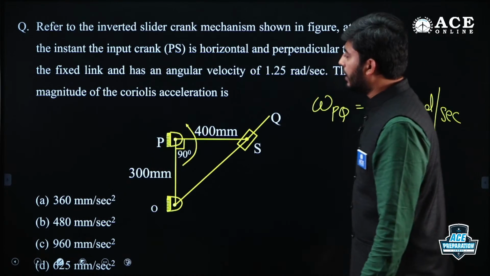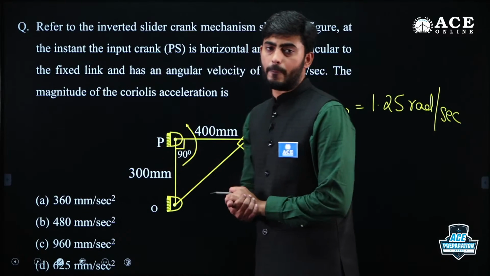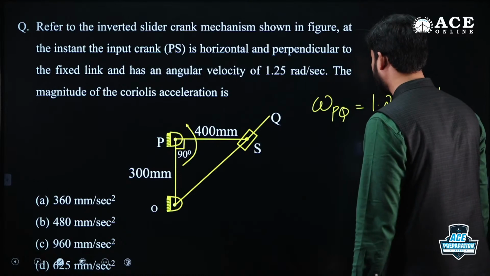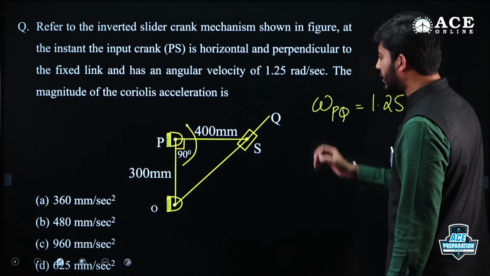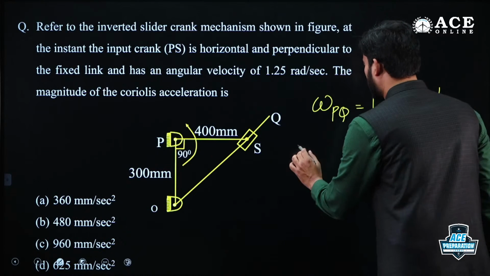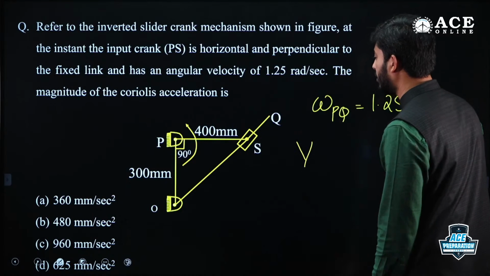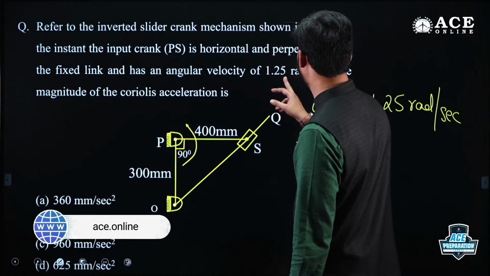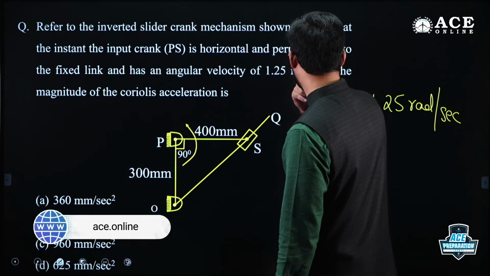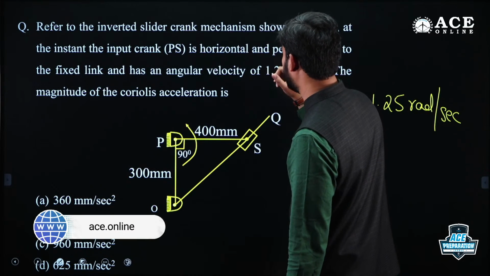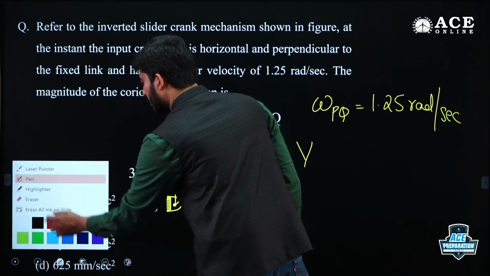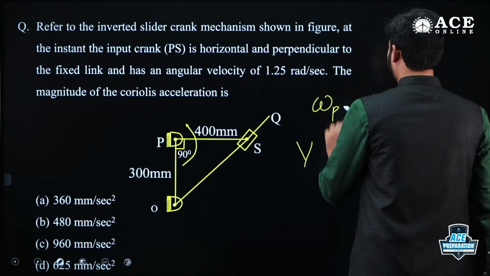The magnitude of the Coriolis component of acceleration is what you are required to find. First, can you calculate the velocity of the crank? Angular velocity, just a minute guys, this is the angular velocity of link PS, not PQ. It is PS.